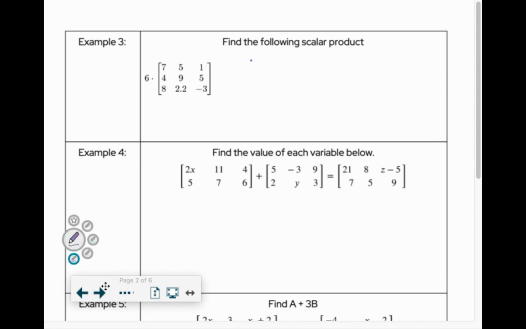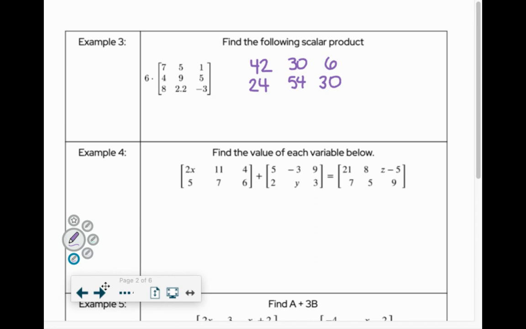Okay, 7 times 6 is 42, 5 times 6 is 30, and 1 times 6 is 6. That's my top row. Then I'm going to do my second row. 4 times 6 is 24, 9 times 6 is 54, and 5 times 6 is 30.